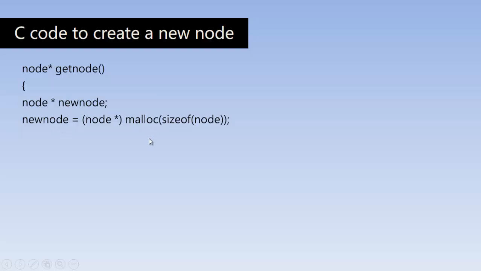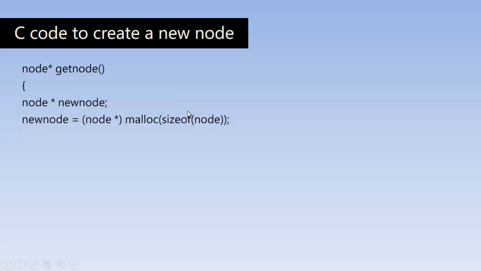I'm using the malloc function to create a new block representing the structure. So the sizeof node will calculate the memory required for the structure ultimately representing the node, which consists of three parts, right? So I'm going to calculate the memory required for one node. The malloc function will reserve a block same as the node, okay?